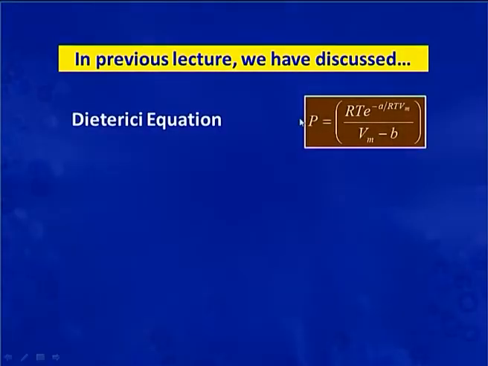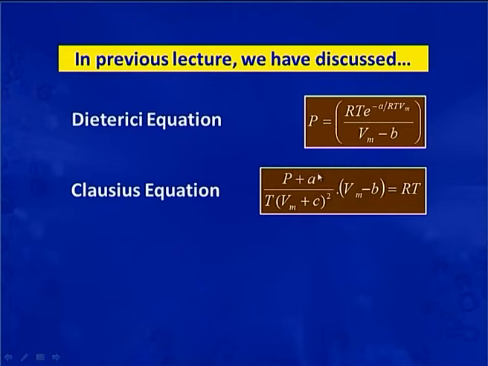square. After that, we discussed Dieterici equation, that is P is equal to RT e to the power A by RT Vm by Vm minus B. Then the Gaseous equation, that is P plus A by T into Vm plus C whole square into Vm minus B is equal to RT.